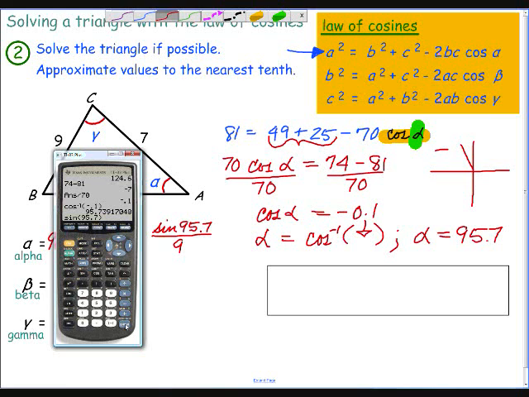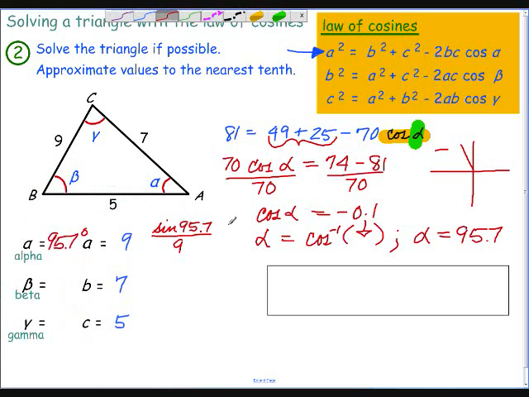Okay, so we got the sine of that angle, and we're going to divide it by 9. And we get a ratio of 0.11056. This is for our law of sines.